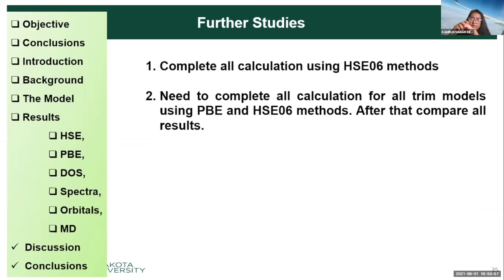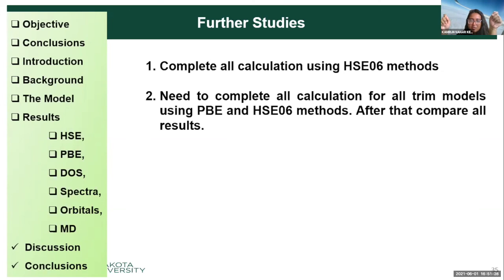And now I'm focusing on the hybrid functional methods. So only 2 calculations are done. Still 9 calculations are left. I need to finish those. And 1 or 2 days ago, the professor again told me that I need to do another calculation for the trim.